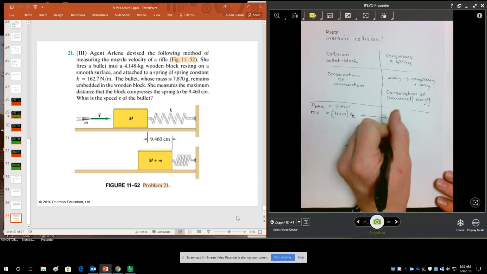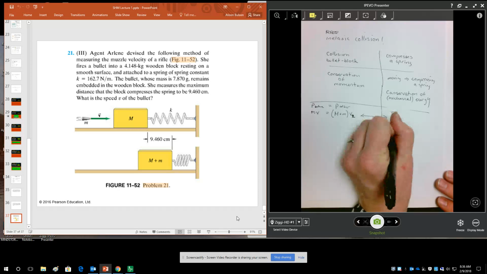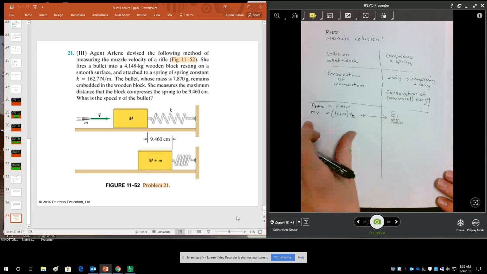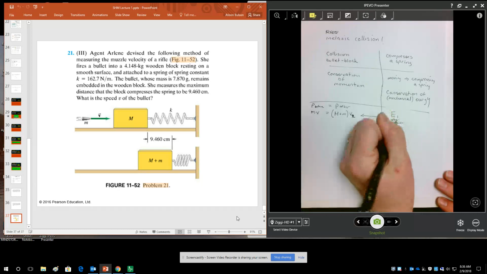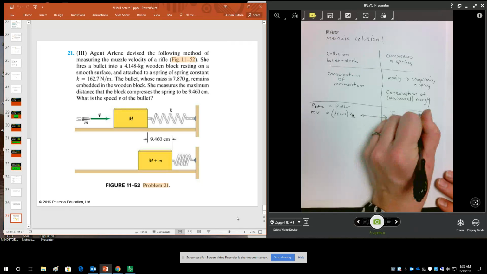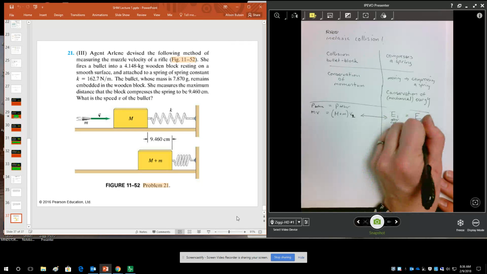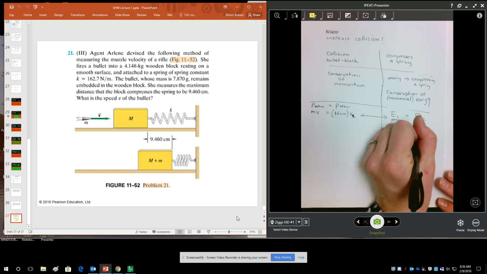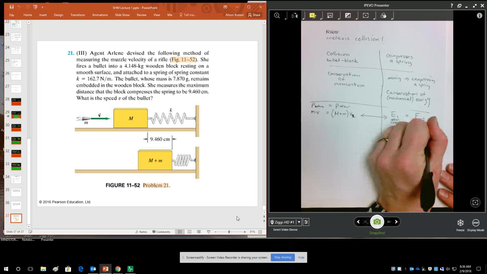Just after the collision, we have an E1 after collision. Two separate events: collision, then spring. So after the collision, I have energy in the bullet-block, and then that energy gets switched to compression.